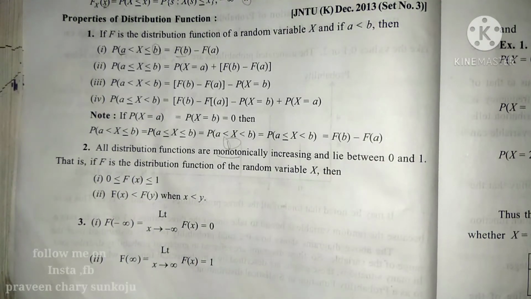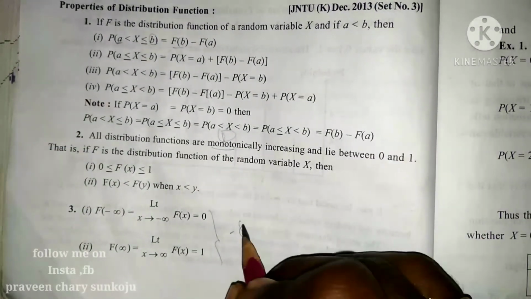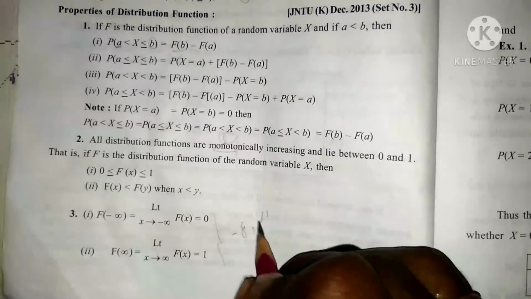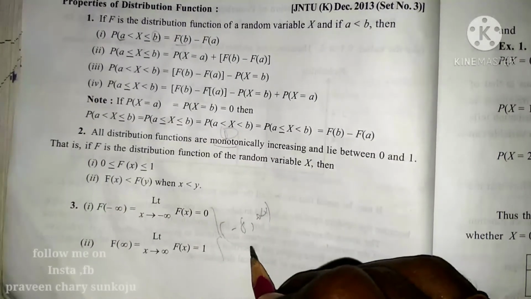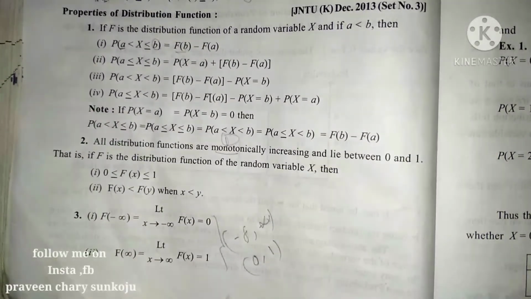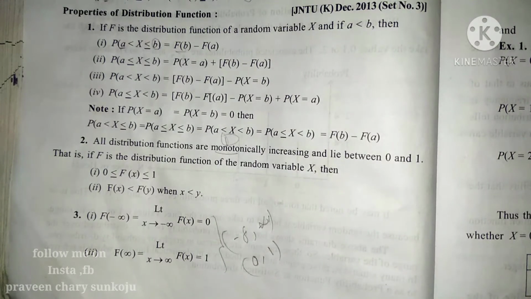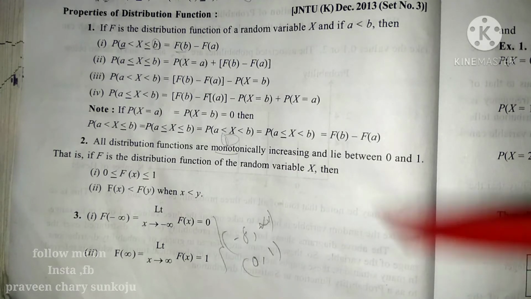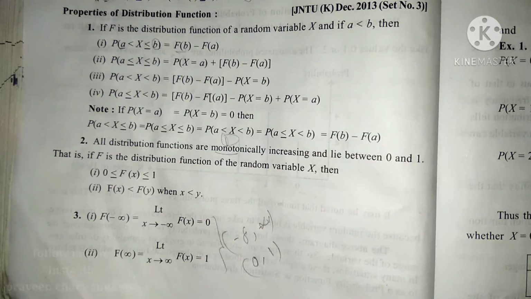Here the probability ranges from minus infinity to infinity, and the value lies between 0 and 1. These are the methods to find the probability distribution function and the properties to follow while solving.